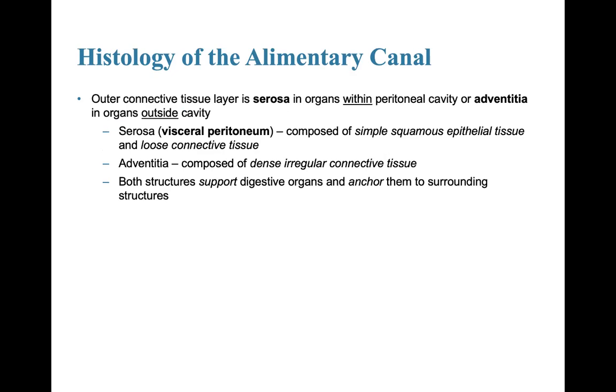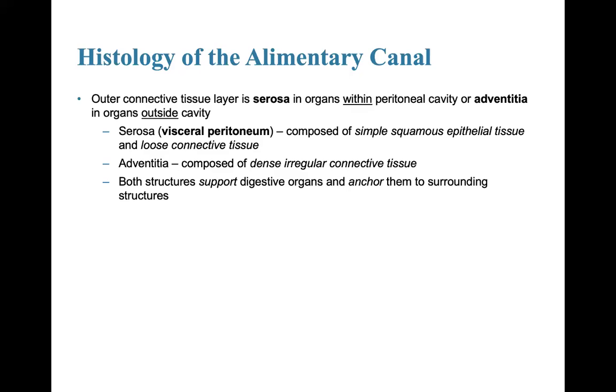The serosa, or visceral peritoneum, is composed of simple squamous epithelial tissue and loose connective tissue. Otherwise there is the adventitia, which is composed of dense irregular connective tissue.